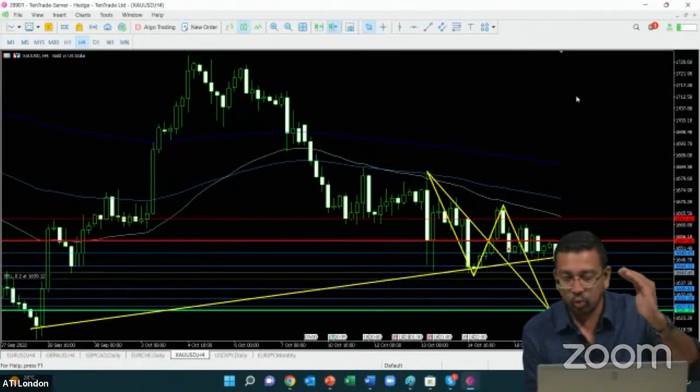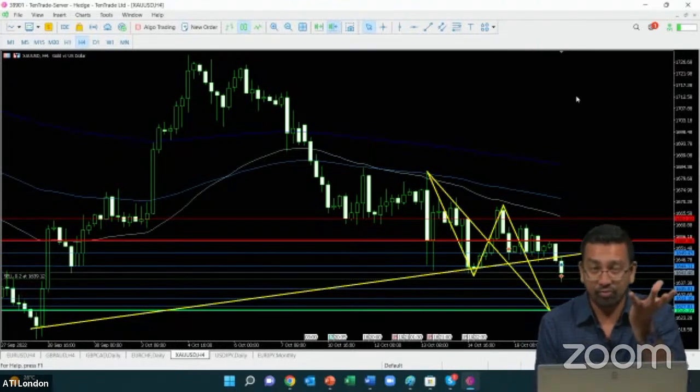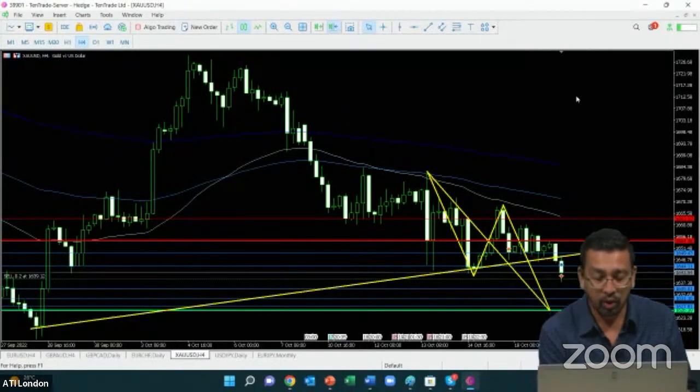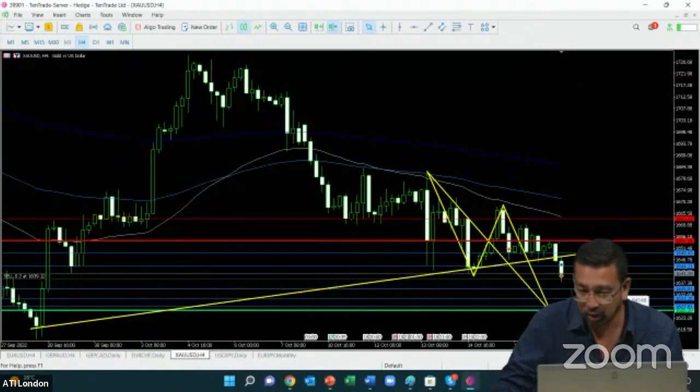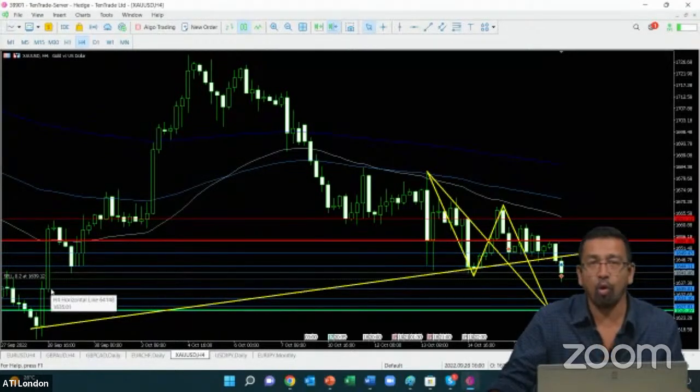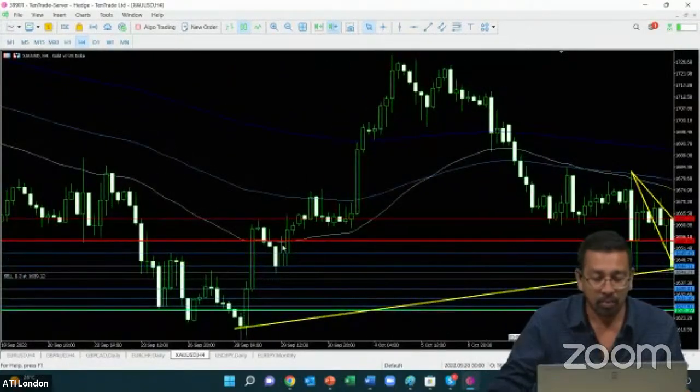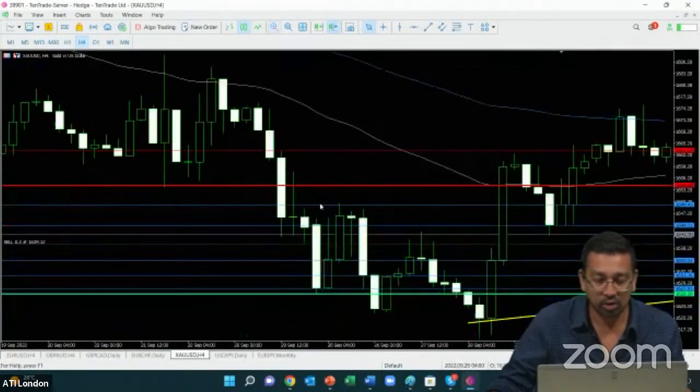So anywhere above 1635, you should exit, mainly because that blue line here that is marked at 1635.01 is exactly at the opening price of the bullish mother candle that you can see in the past.